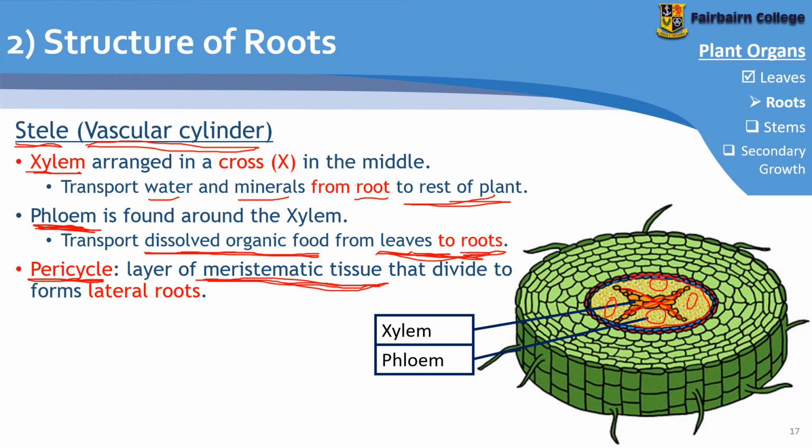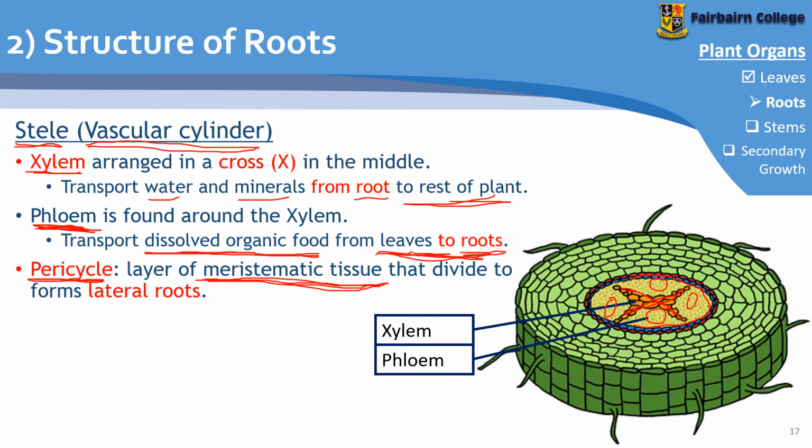But meristematic tissue is the undifferentiated cells of plants.